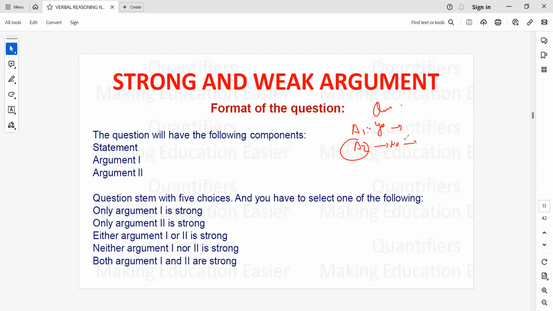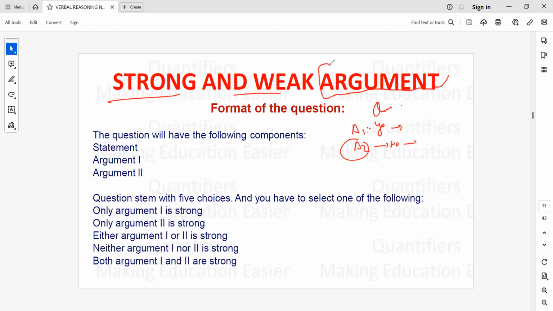Again, it's not necessary that argument one always says yes and argument two always says no. Okay, it can be vice versa. So strong and weak argument is an easy topic. It's comparatively easier than assumptions. You need to understand the tips and techniques that we apply and some do's and don'ts to find the correct answer. Okay. Before I get into this, let's understand.